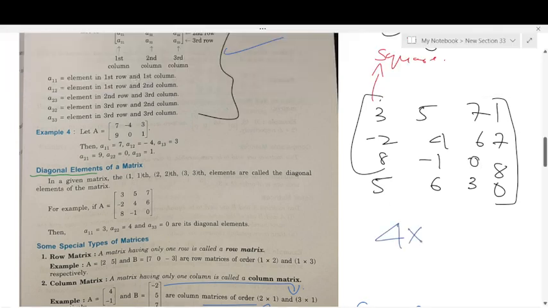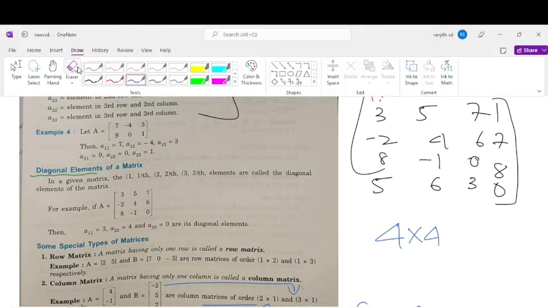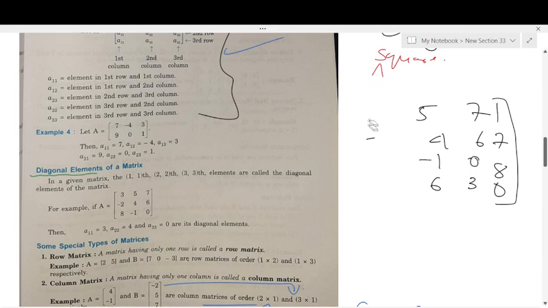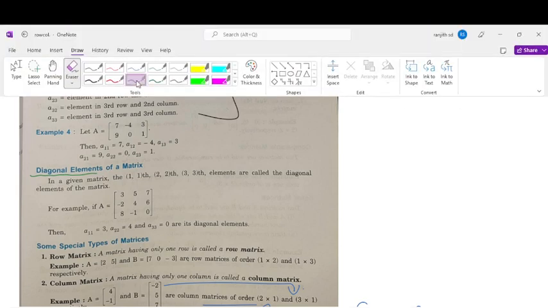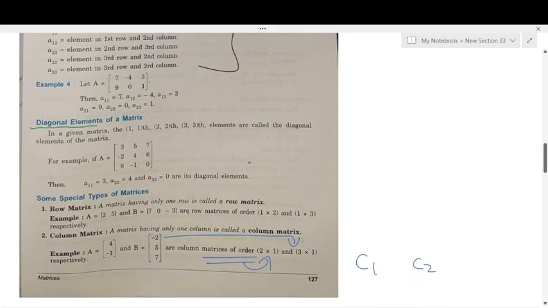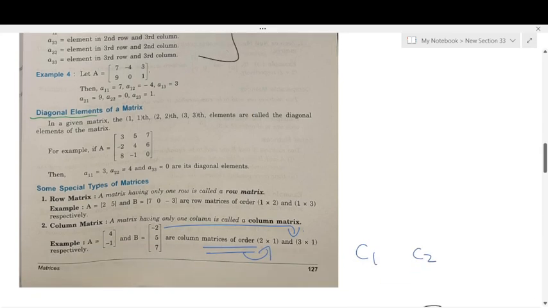See, here there is no diagonal form. So with 3 by 3, you'll get a diagonal matrix. And the notation for the values we call a11, a22, a33. Fine. Next, diagonal is done.